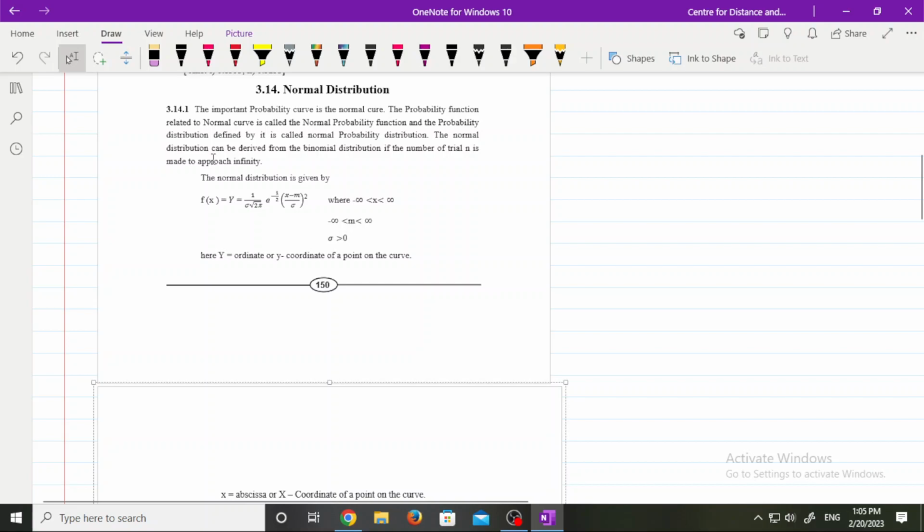The normal distribution can be derived from the binomial distribution if the number of trials n is made to approach infinity.